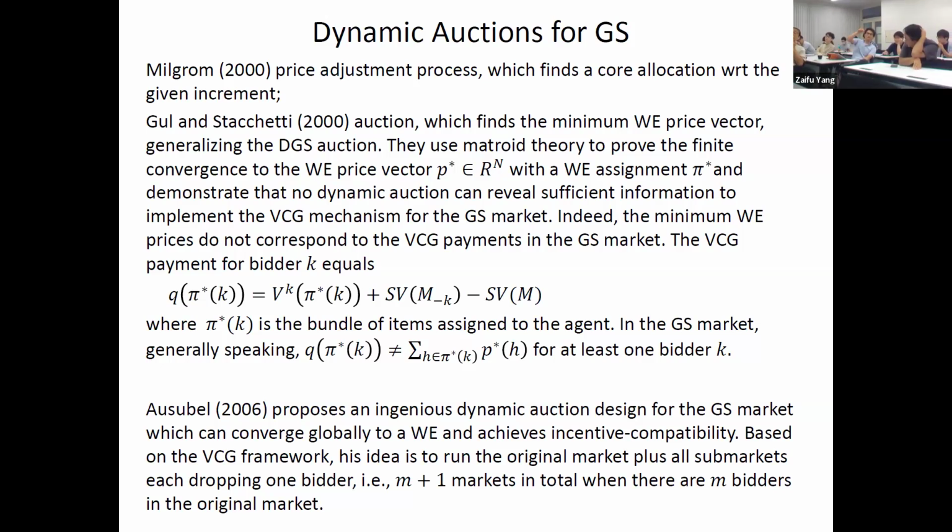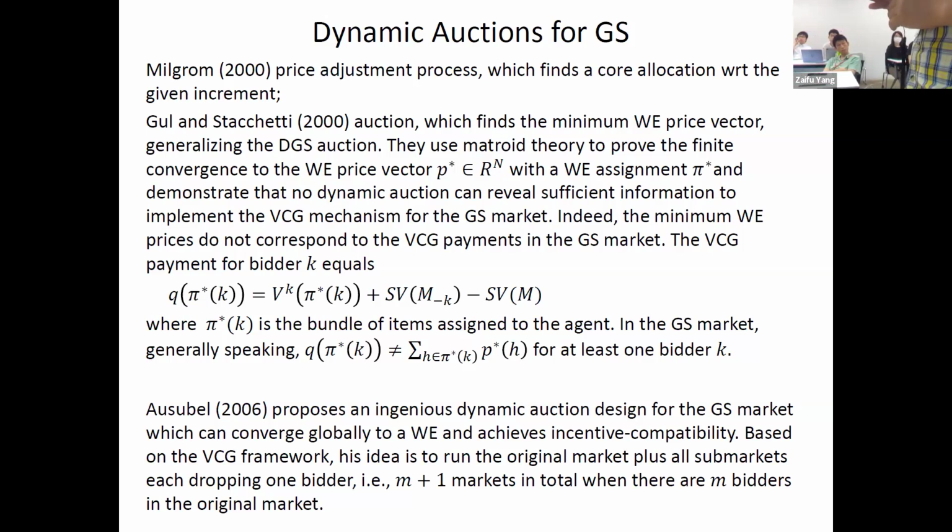So is there any intuition as to why the fact is true for the assignment problem, but not for this case? What's the reason? In the environment of quasi-linear utility, I think in early years, Green or some other people proved that for any mechanism, if you want to achieve strategy-proofness, this kind of incentive compatibility, the outcome has to be the VCG outcome.